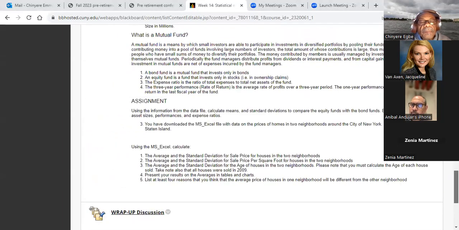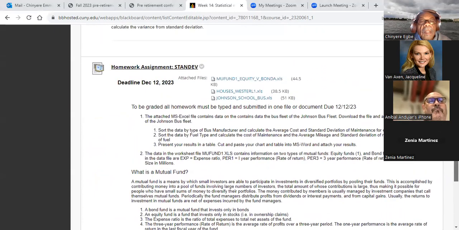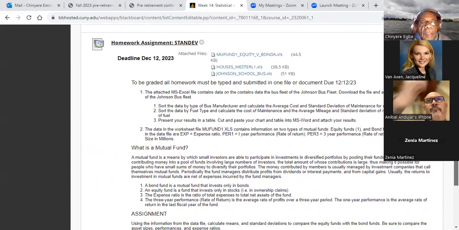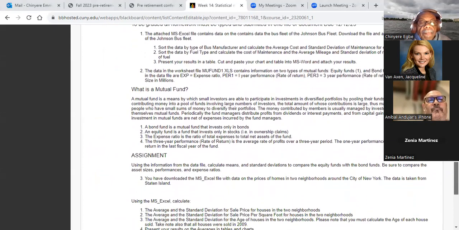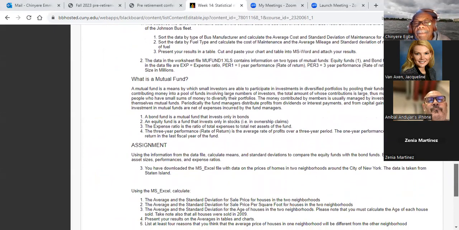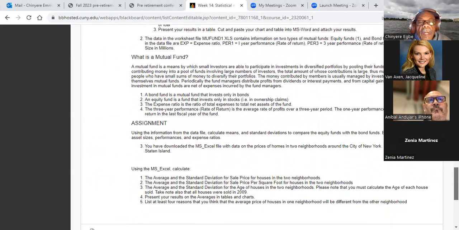I just want to see that you did the calculation. I'm going to look at it, either you do it by hand or preferably using Excel, and I'm going to look at your Excel file and be sure that you used the right formulas.